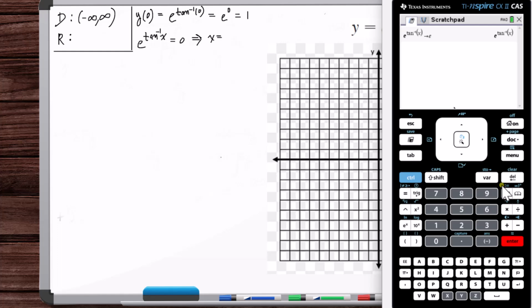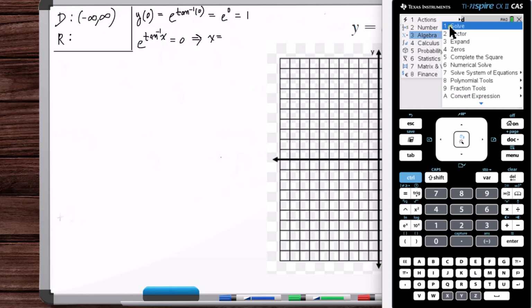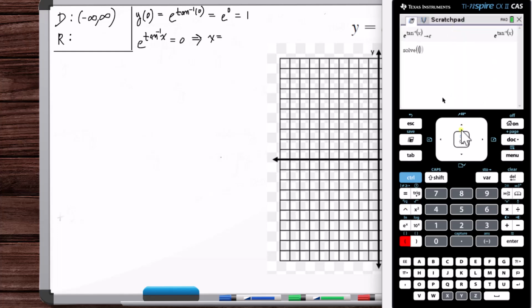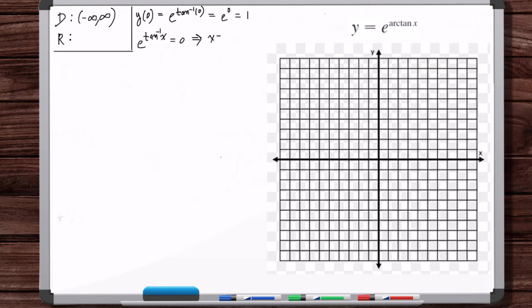Now, let's solve for when e to the arctangent of x is equal to 0 for x. There's no solution. Okay, so there's no x-intercepts, and there's a single y-intercept.